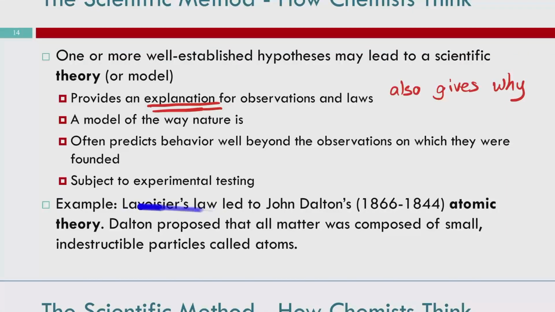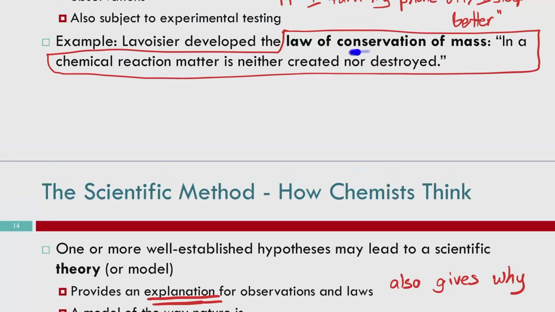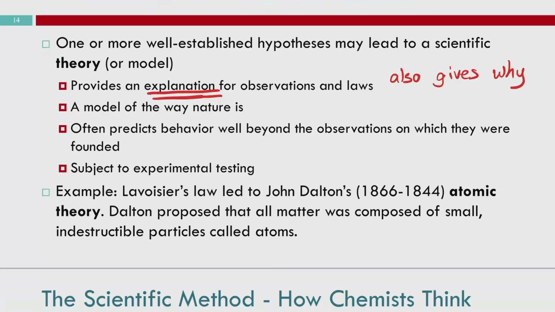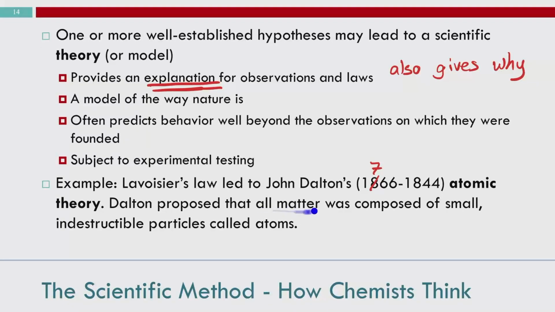Lavoisier's law, the conservation of mass, led to John Dalton's atomic theory. And those years are incorrect. He did not live a Benjamin Button life. Dalton proposed that all matter was composed of small, indestructible particles called atoms.